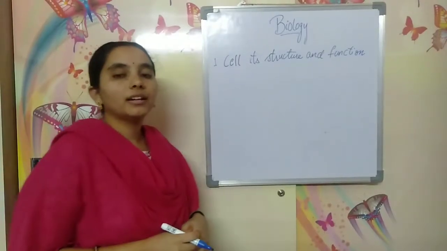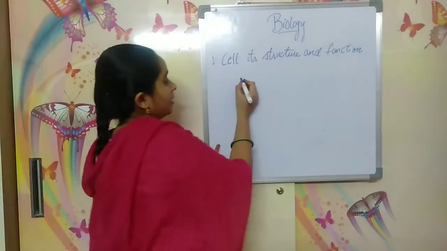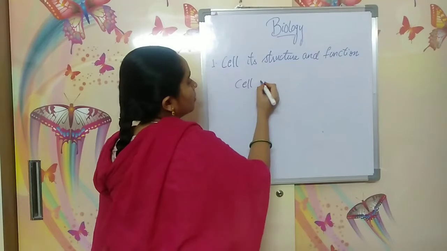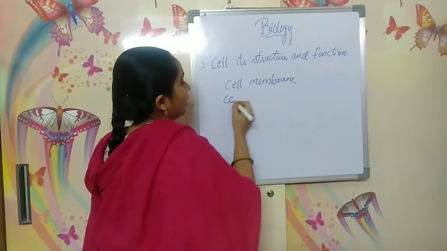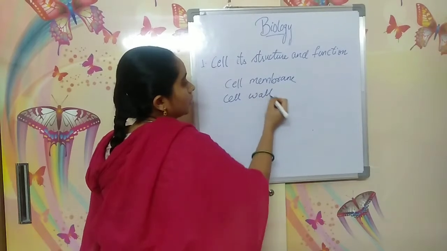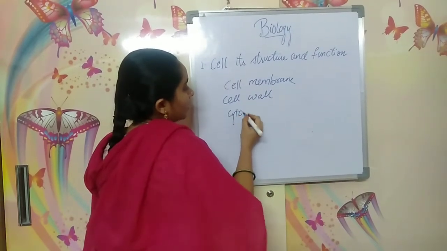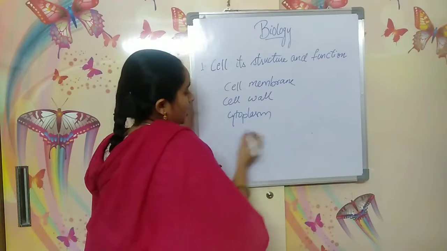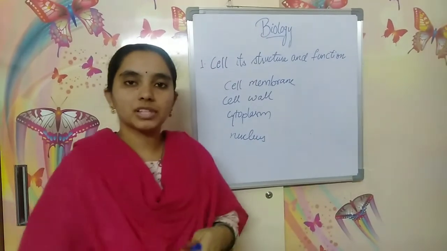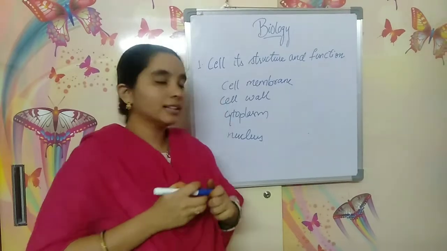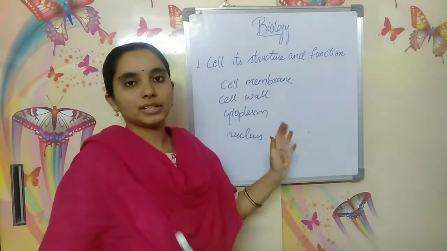So we have seen the common structures that are present: cell membrane, cell wall, cytoplasm and the nucleus. Apart from cell organelles, these are the common structures present in animal cell and plant cell.